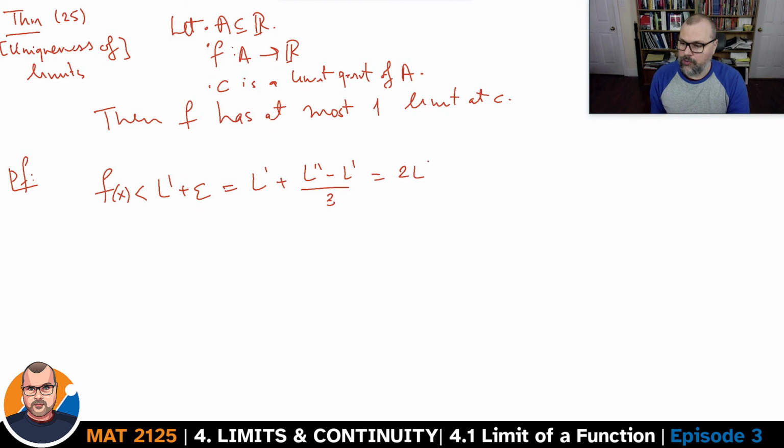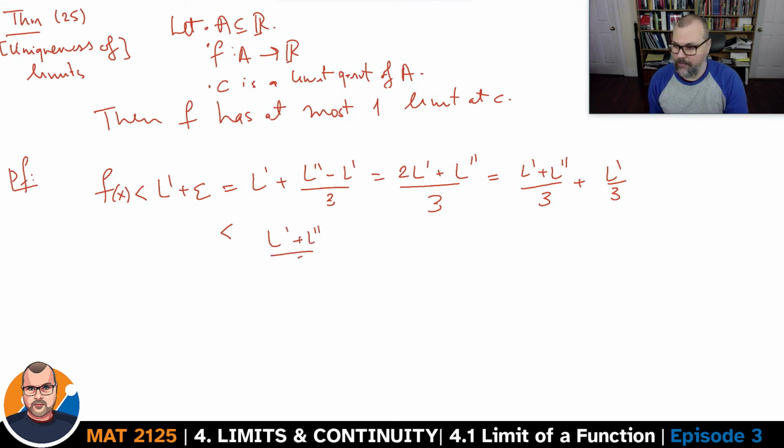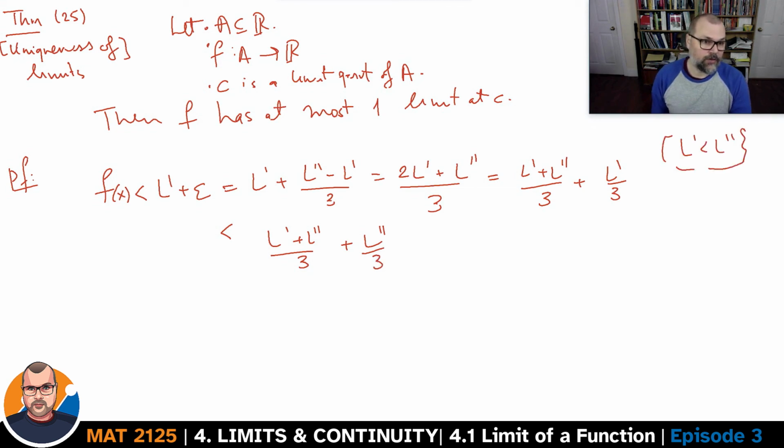This will be 2L prime plus L prime prime, divided by 3, which I can also rewrite as L prime plus L prime prime divided by 3 plus L prime over 3. And that's going to be smaller than L prime plus L prime prime divided by 3 plus L prime prime divided by 3, because we've assumed, you remember, that L prime is smaller than L prime prime.